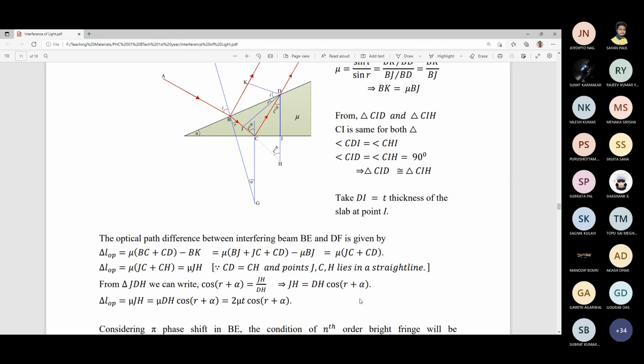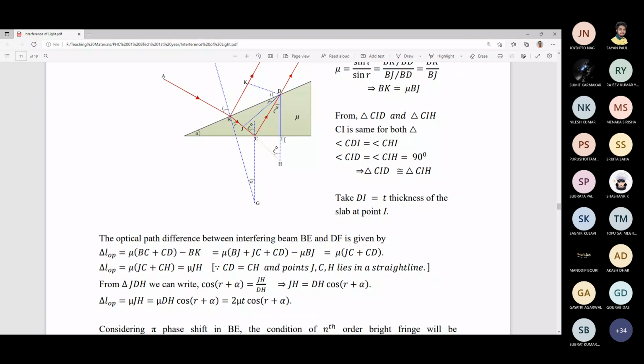This, right? So JH equals DH cos(R plus alpha). Now mu times JH is equal to mu times DH cos(R plus alpha). Now this DH is equal to twice DI.